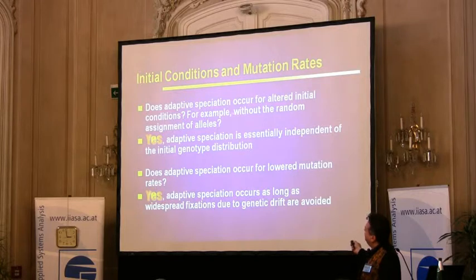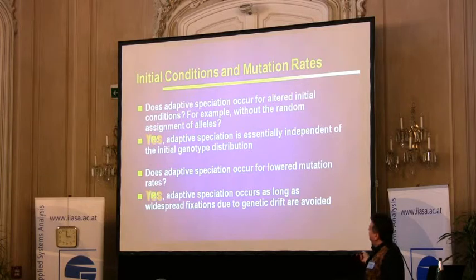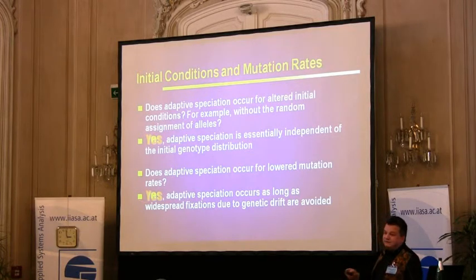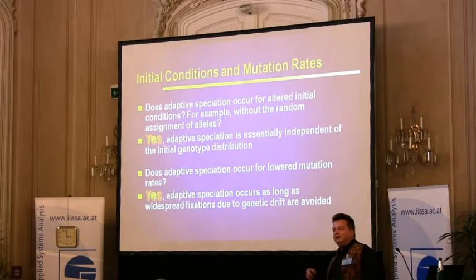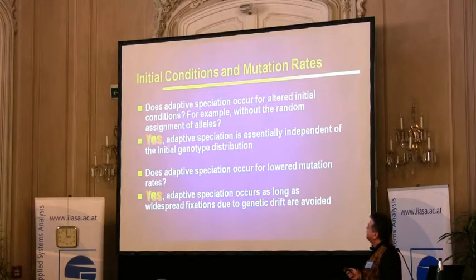For example, without the random assignment of alleles in our model. And we find, yes, this is essentially independent of the initial genotype distribution. Also, does adaptive speciation occur for lowered mutation rates? And the answer is yes, unless you make it so low that too much fixation occurs and selection runs out of fuel, which of course easily happens in the relatively low population sizes we can simulate in individual-based models.